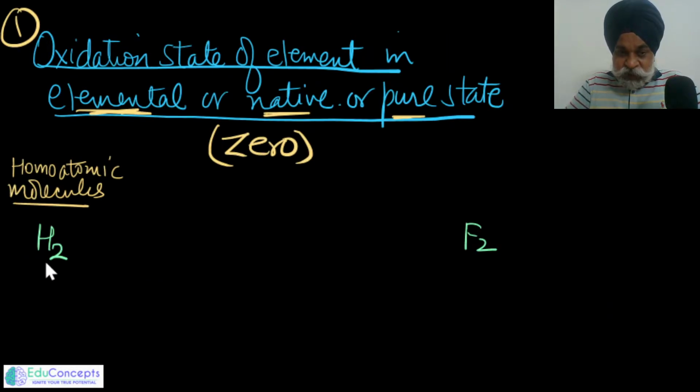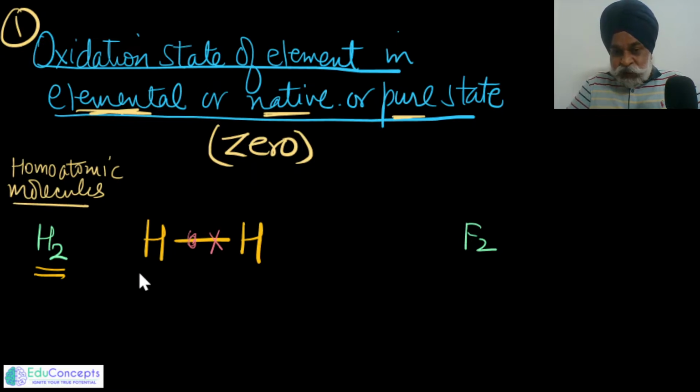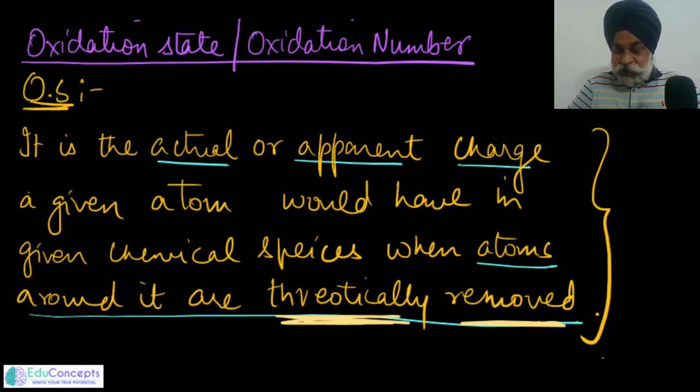Now if I say hydrogen molecule and I am interested to find the oxidation state of hydrogen, so what is the viewpoint? When I write hydrogen like this, it has a single covalent bond. One electron is of this hydrogen and another electron is of this hydrogen. Now the point here is, I just want to find out the oxidation state of this element. Now what the definition says, it says that because it's a neutral molecule, it does not have any charge.